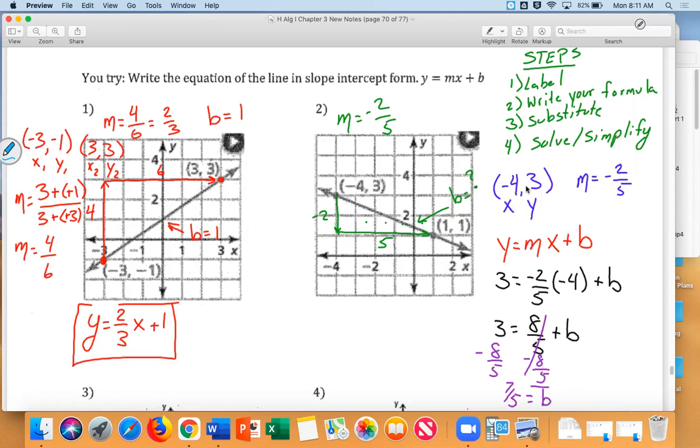Well, it actually turned out to be 1.4. So here you can write your answer either as a fraction, or you could write it as a decimal.